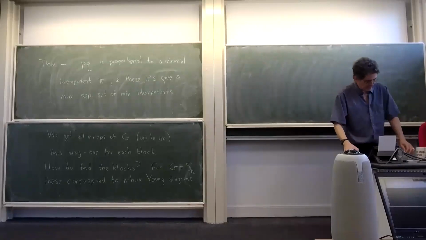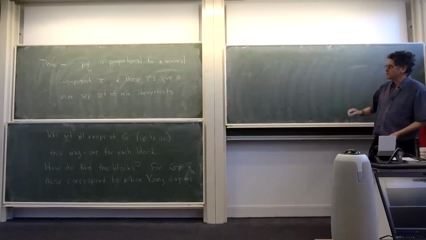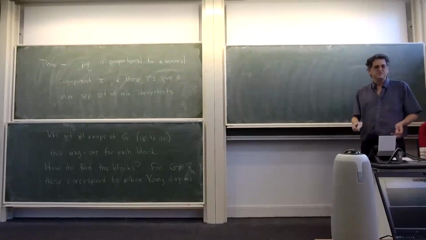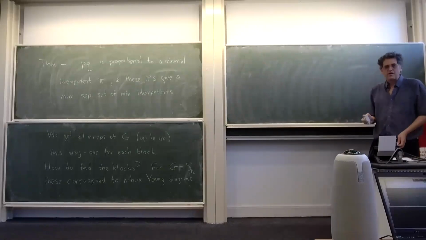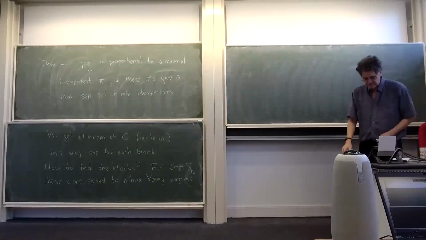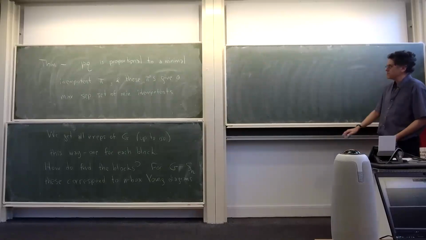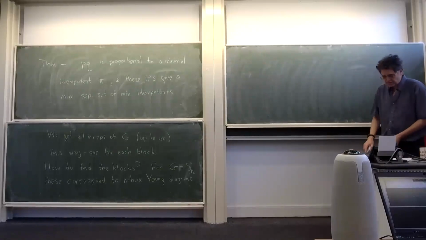My friend James Dolan, when I told him about this just a few days ago, said, oh, I know a better way to do this stuff. You just do da da da da da. I won't try to explain that because it probably is better, but it requires more concepts. Also he hasn't written up a proof or anything. So I'll have to think about that. But this is what you'll normally see.